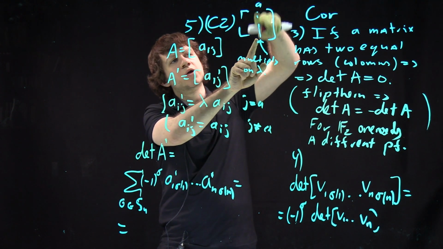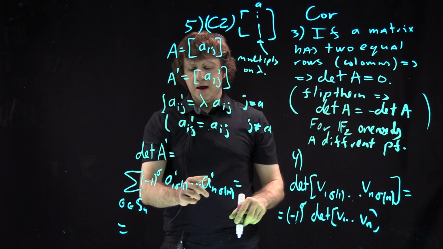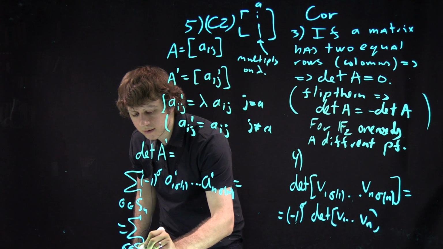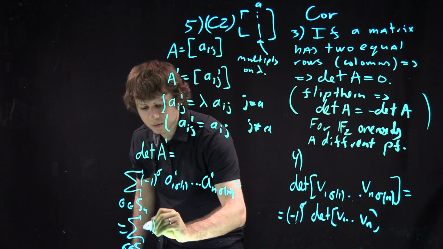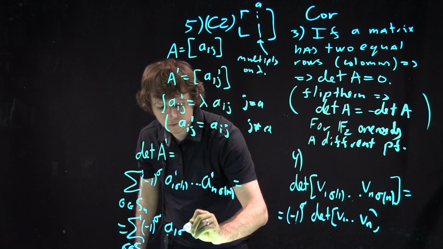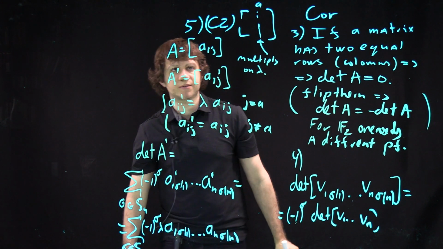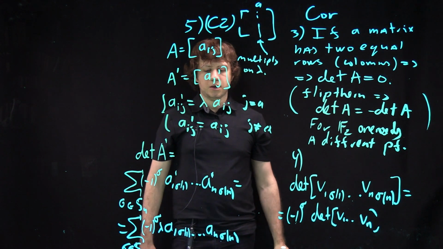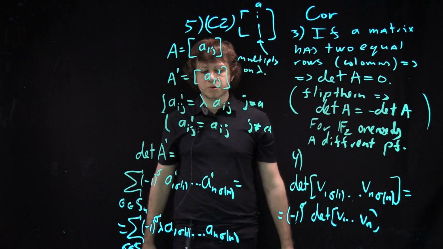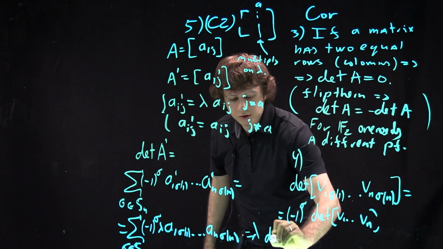So there exists exactly one rook in the column A. So exactly one of these terms is rescaled. And so what happens is that this is the same as sum over sigma in Sn minus 1 power sigma A1 sigma of 1 to the An sigma of n, and each monomial will be multiplied by lambda. Usually in these elementary operations we take lambda not equal to 0, but of course this argument will still work. And this is just lambda times determinant of A.